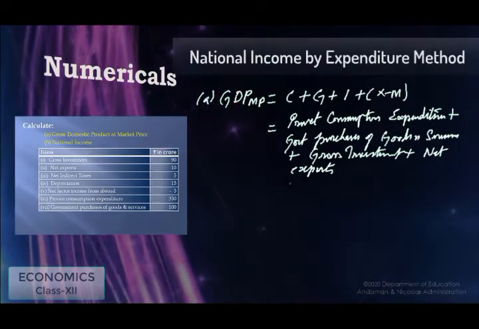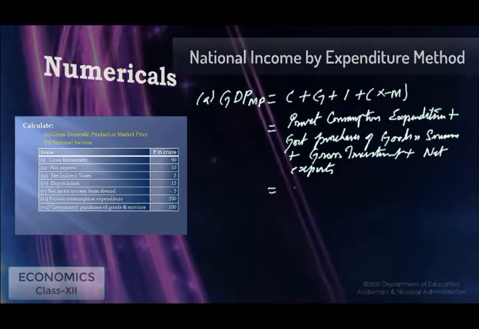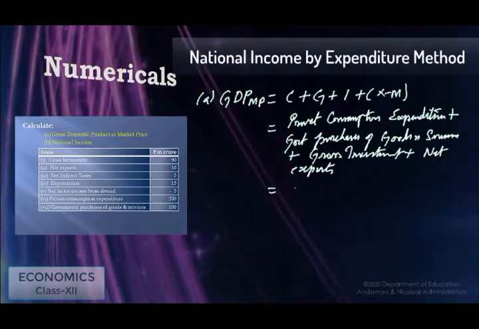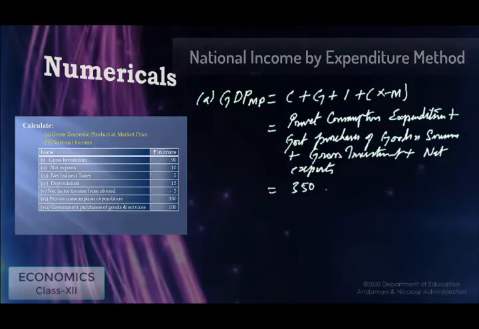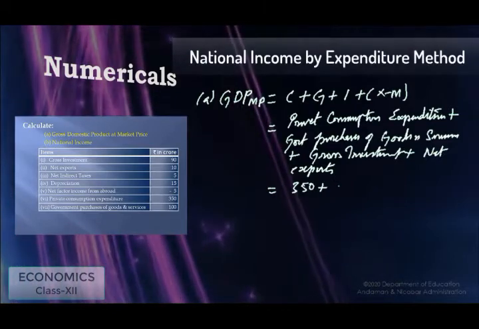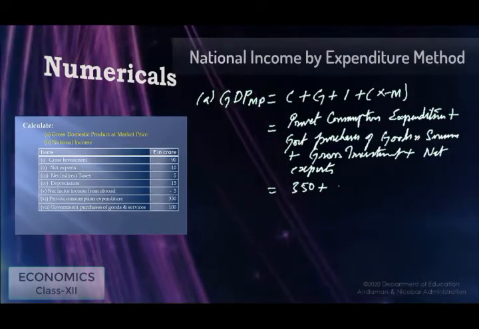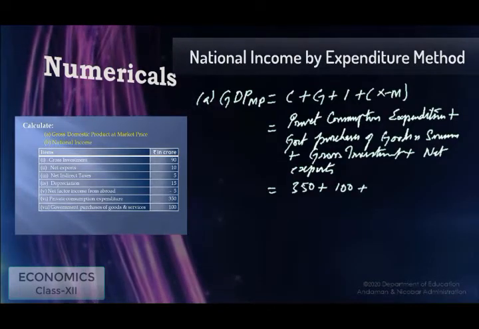So altogether when we add the values, the first value is private final consumption expenditure, that is equal to 350 crore. The rupees are given in crore value. Then we have the value of government purchase of goods and services, that is equal to 100 crore.